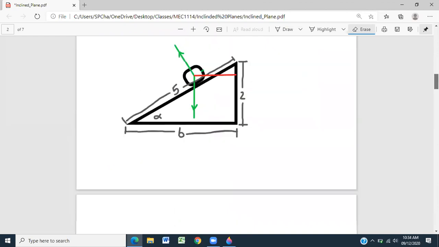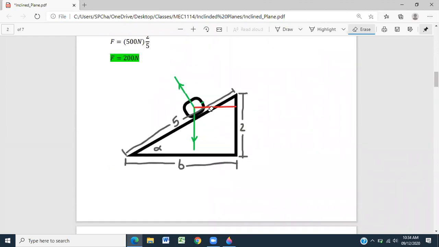Now for part B, where the force is horizontal. Good. Let's do this thing again. W here. Push it up. We established that this here is alpha. So this here is R. This is W. This is alpha.